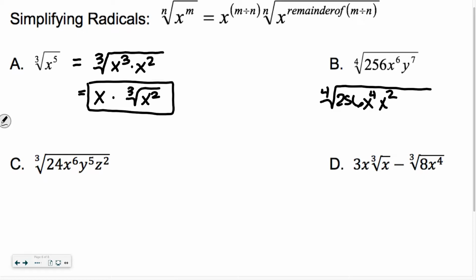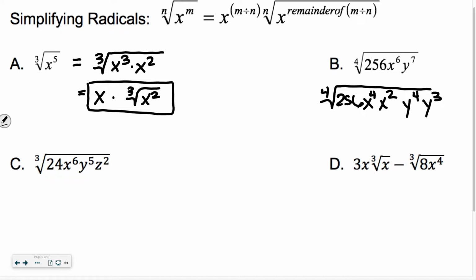And then y to the 7th I can write as y to the 4th, and y cubed. I'm again looking for perfect fourths, right? Basically, like with the variables underneath the radicals, you want your exponent to be a multiple of the root. So like a multiple of 4.